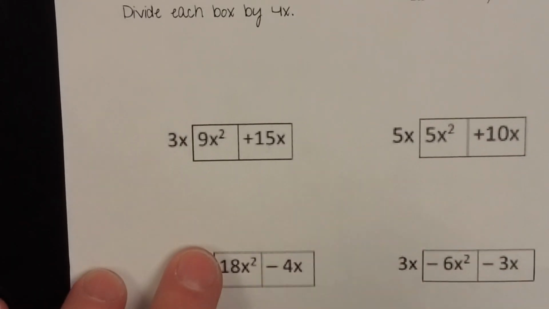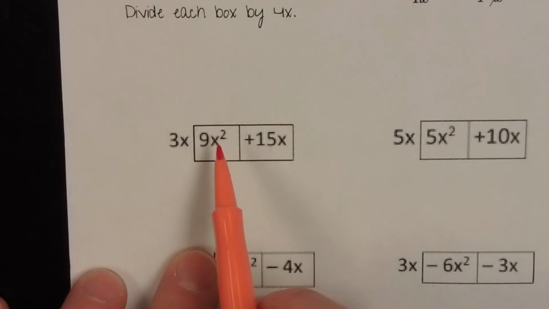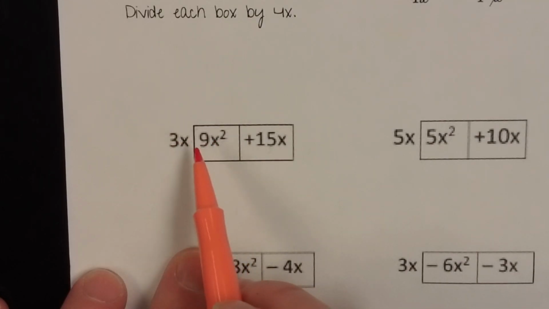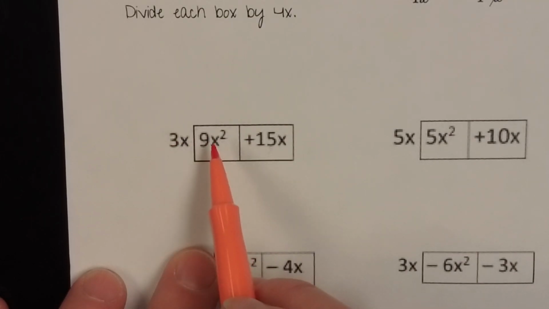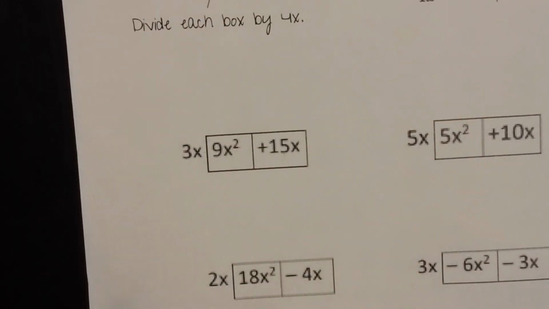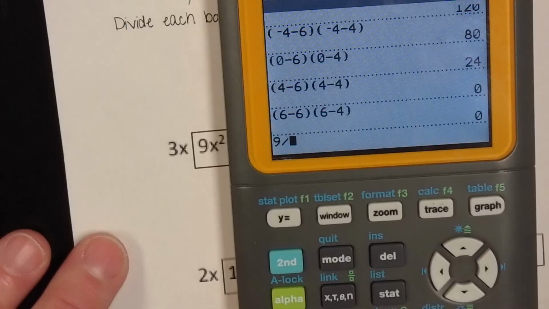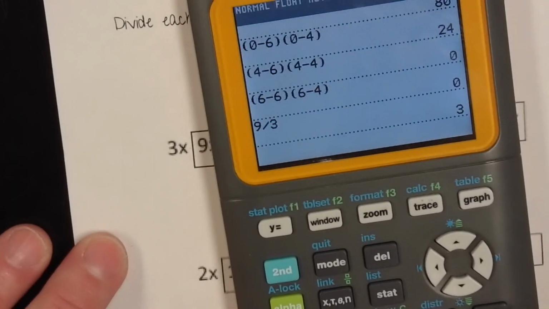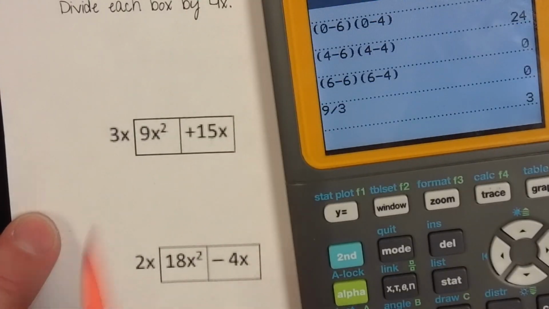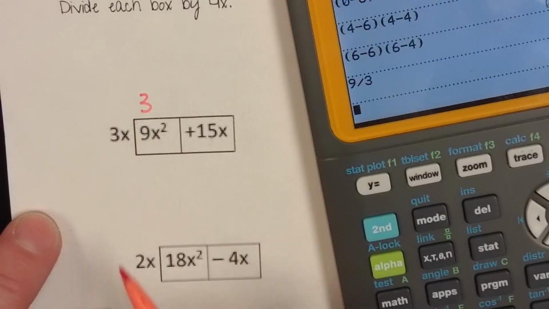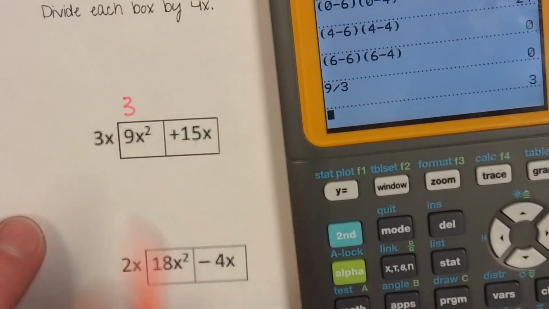We're going to ask ourselves, how many times can 3x go into 9x squared? Well, that is a little bit weird way to say 3 times what gives me 9. Okay, if you don't know, use your calculator, and you're just going to divide 9 divided by 3. You can't put the x's in there, but you can put the whole numbers. So I'm going to write a 3 up here, because I know 3 times 3 is 9. This has an x.